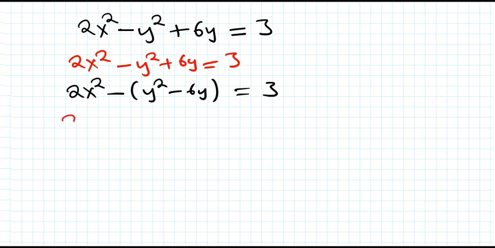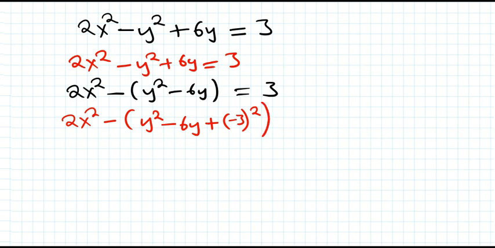So 2x squared minus y squared minus 6y. If you want, you can even complete it in a separate paper, but I'll just do it from here. Half of minus 6y, or the coefficient of minus 6, is negative 3, so that squared.